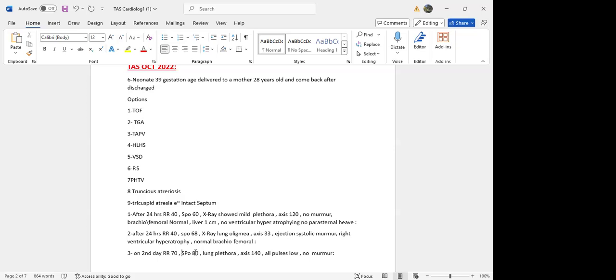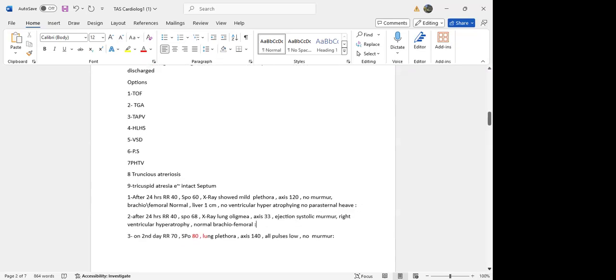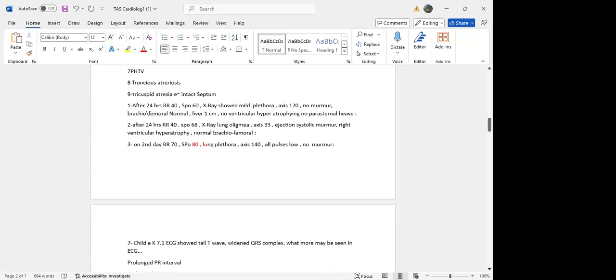Maybe you will not be able to pick up the correct saturation. But if pulses are not there, you should think about systemic related problem rather than the veins and right-sided problem. So that is why the all pulses word is more going towards HLH, hypoplastic left heart syndrome.